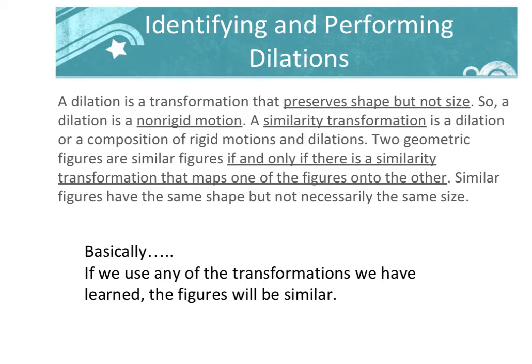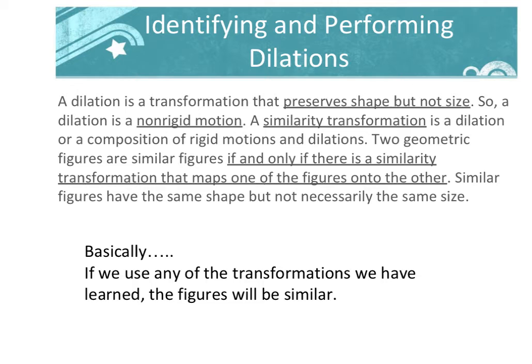A similarity transformation is a dilation or a composition of rigid motions and dilations. So similarity transformation basically says that you're not preserving the congruence of the image, so you are changing the size of it, but the shape is staying the same. Two geometric figures are similar figures if and only if there is a similarity transformation that maps one of the figures onto the other.